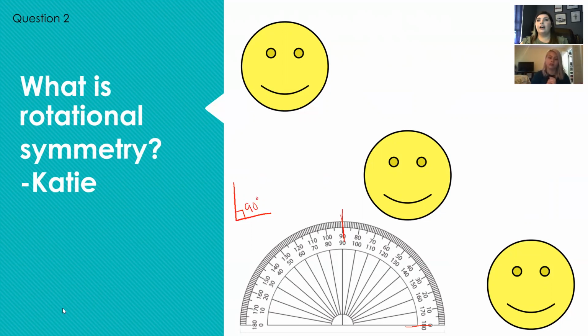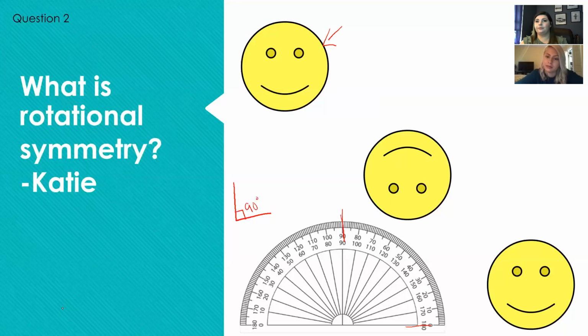So let's take a look at some of my smiley faces here and see if you can help me guess the degree rotation of each shape. Keeping in mind that this smiley face here is going to be our original, let's take a look at the middle one and we see that it turns. The smiley face started here and went all the way around to here and stopped.